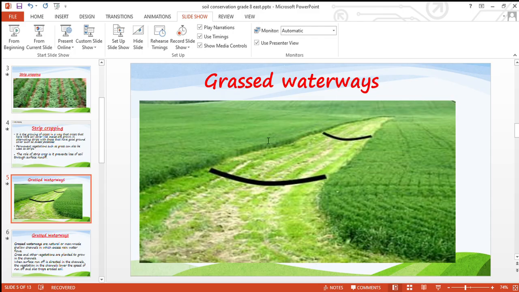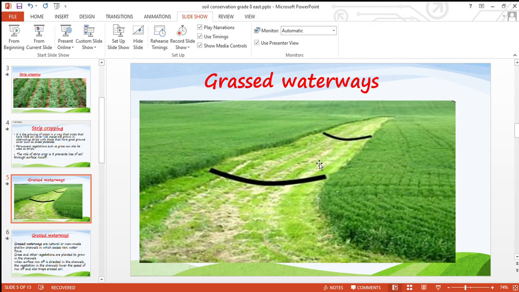You can see that in that waterway, there is grass being grown, and this grass may be growing naturally, or it may be man-made, meaning that a farmer can decide to plant grass along the waterway where water passes through.